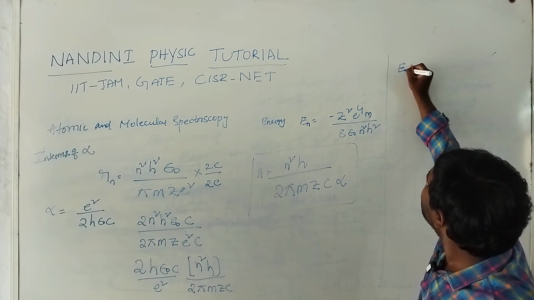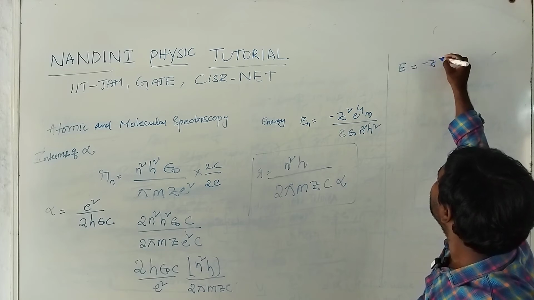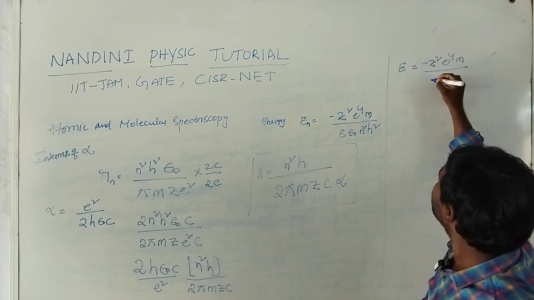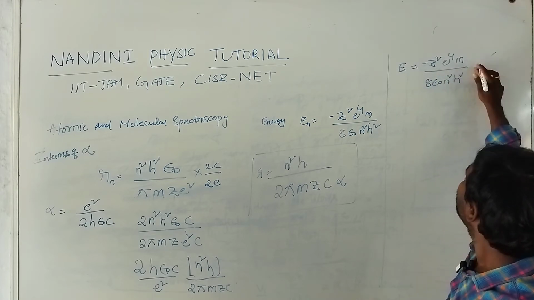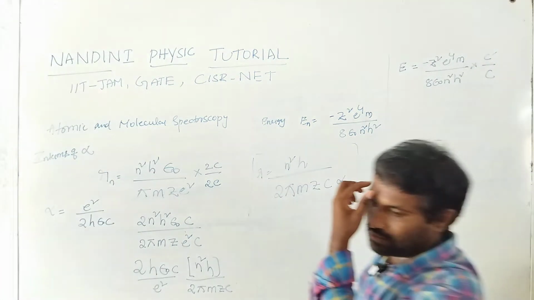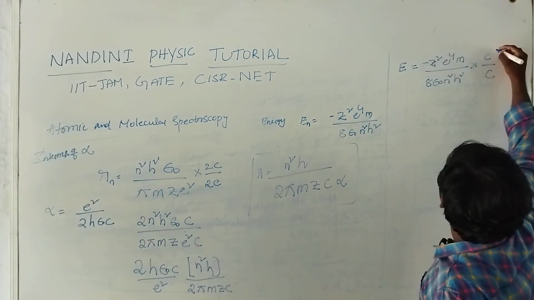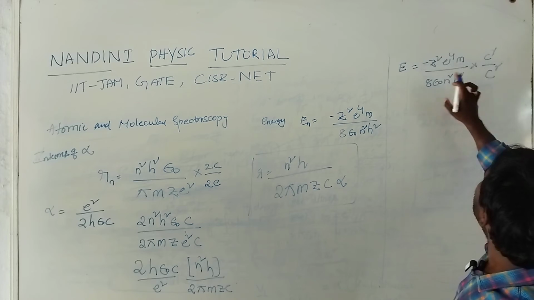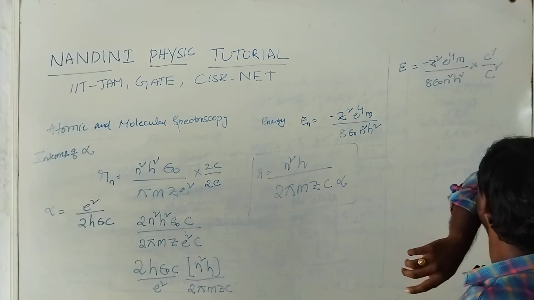Energy E is equal to minus Z square e power 4 m divided by 8 epsilon naught n square h square. Okay, so you will multiply both sides by c square and divide by c square. So simply, take the commons, and see how it converts into c.